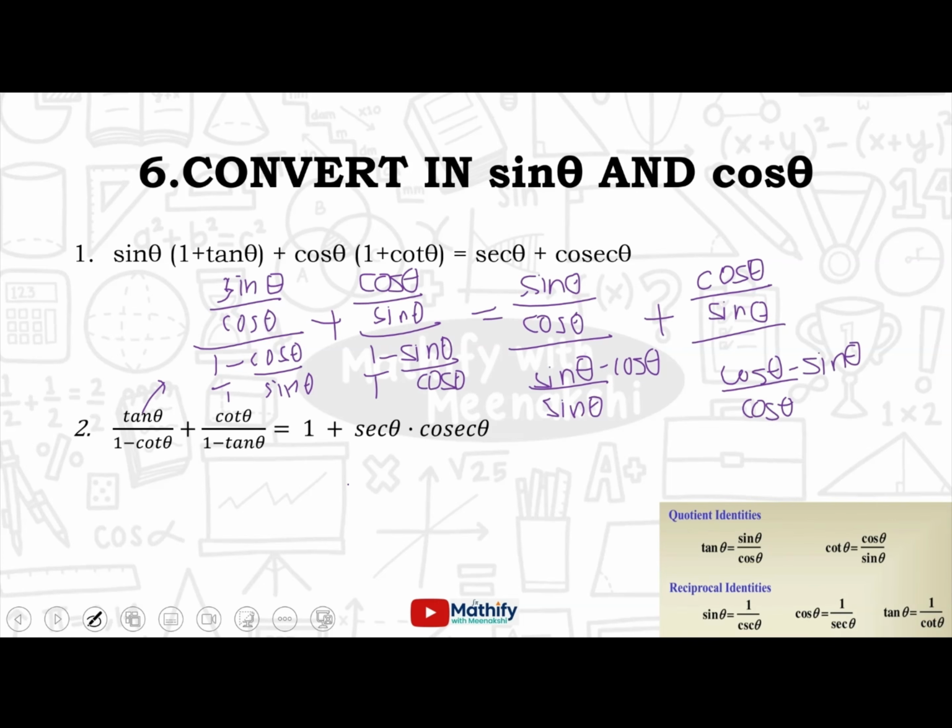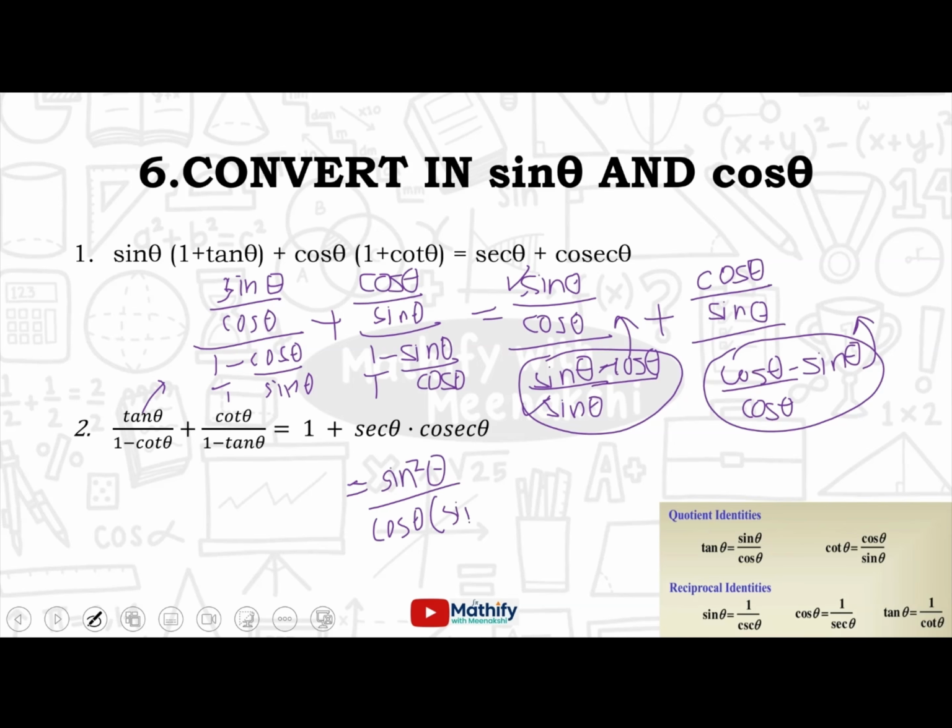Now you have to just take the reciprocal, because it will go in the numerator. Reciprocal, similarly it will go in the numerator. So it becomes, you will multiply the extreme ones, sine and sine: sine square theta by cos theta into sine theta minus cos theta, plus again multiply the extremes, cos square theta by sine theta into cos theta minus sine theta.